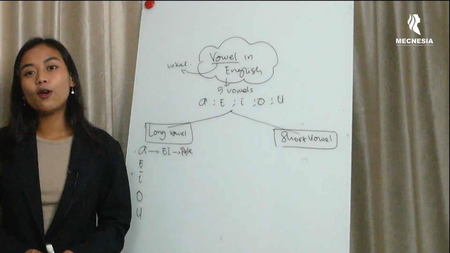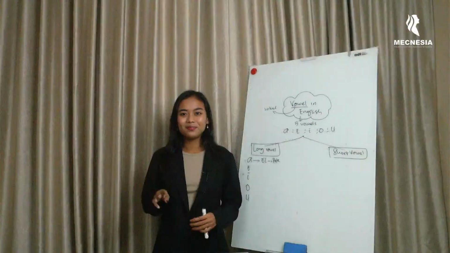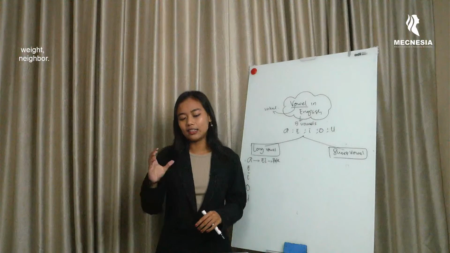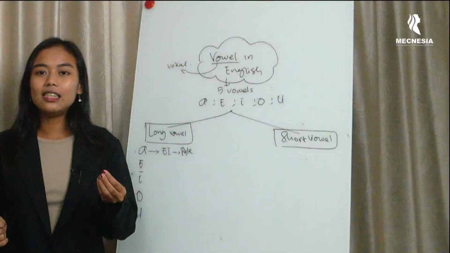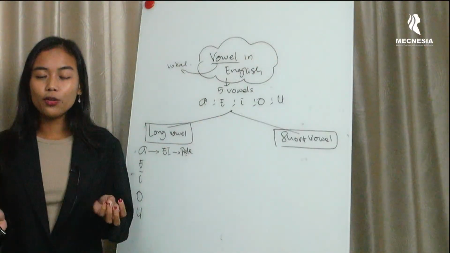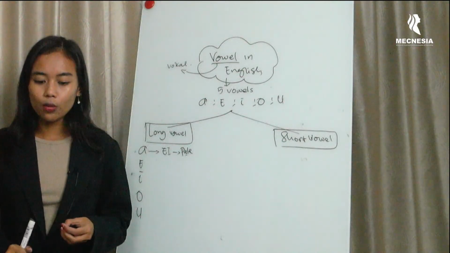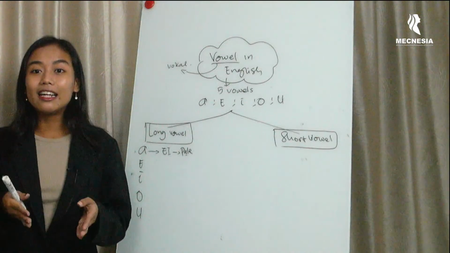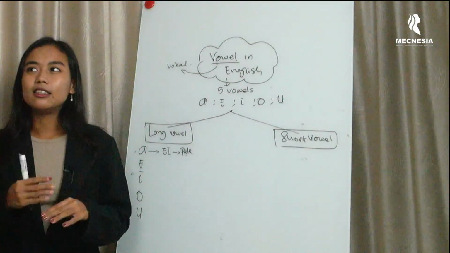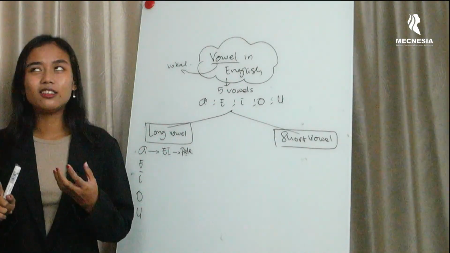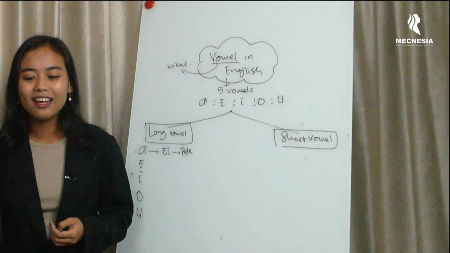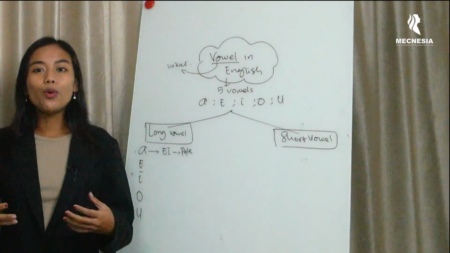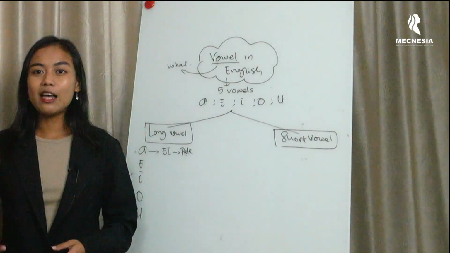Next, let's talk about the third rule. Sekarang mari kita ngomongin aturan ketiganya, the C, yang C. When the EI, ketika huruf EI is followed with GH. Ketika huruf EI diikuti dengan GH. The GH must be silent. GH-nya harus silent. For example, like in the word wake.